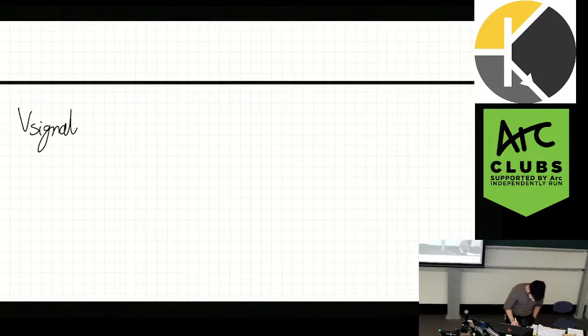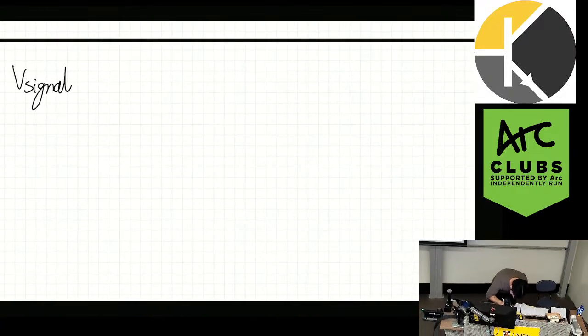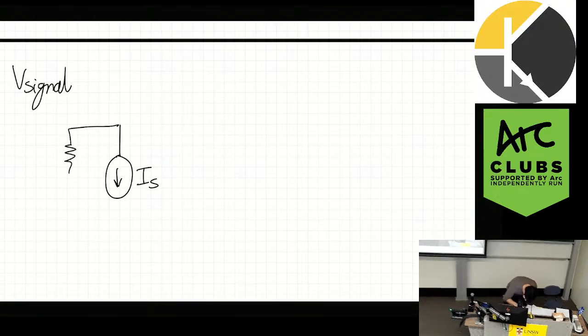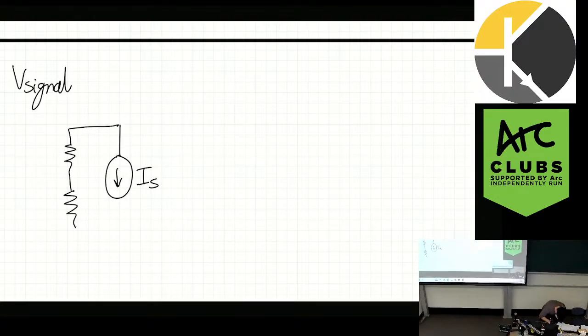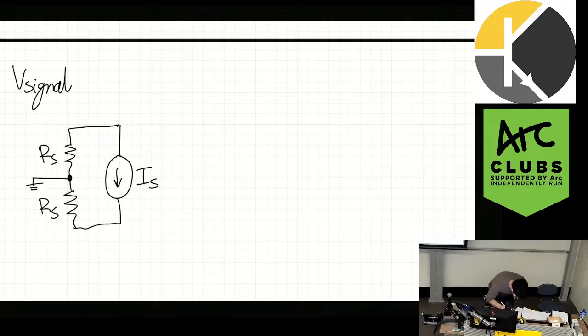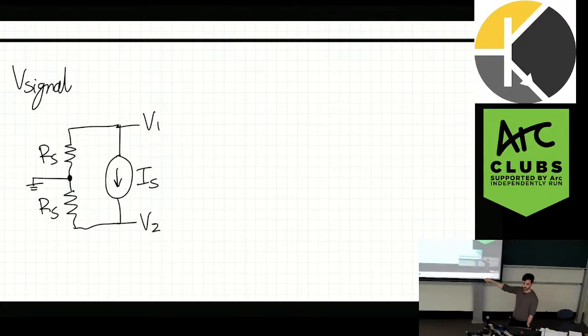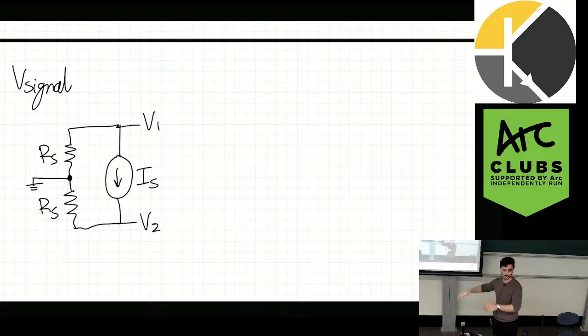Now, the way this works is we have IS, and we have two resistors here. So this is the RS, and ground. So I'm just redrawing what was given on the circuit. Okay. And then that is V1, and that is V2. Now, we just need to find what V1 and V2 are, because these are the inputs to the instrumentation amplifier.